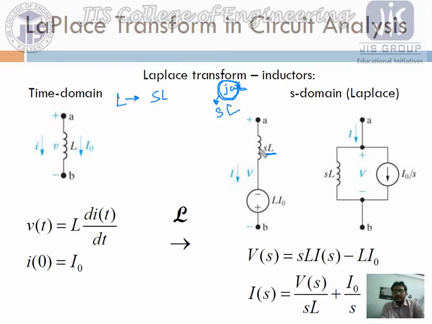So this inductor is obviously sL, and in the Laplace domain the current should be I of s. We have to consider I of s amount of current over here. So what will be the voltage across this inductor? The voltage V of s is the voltage across this inductor. So V of s, this overall voltage, equals sL into I of s in the Laplace domain. sL is the impedance that we consider in the s domain for the inductor, and I of s is the current.